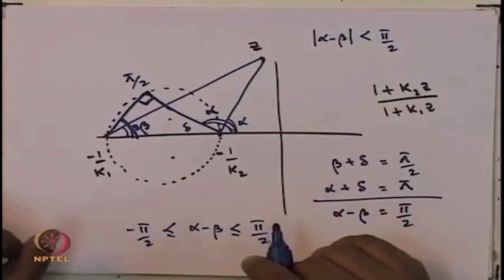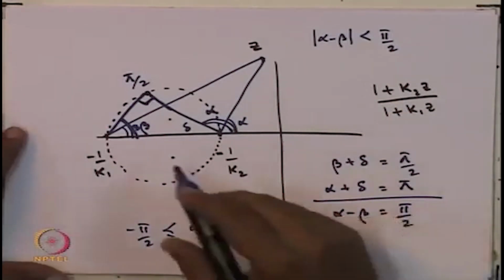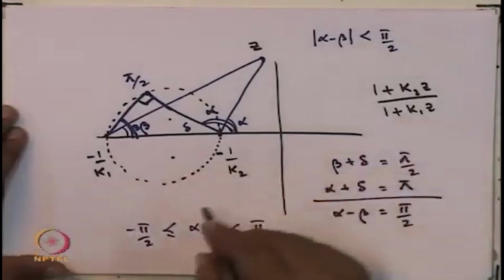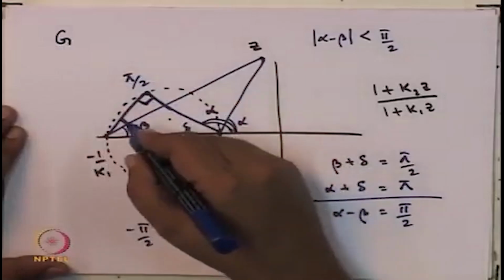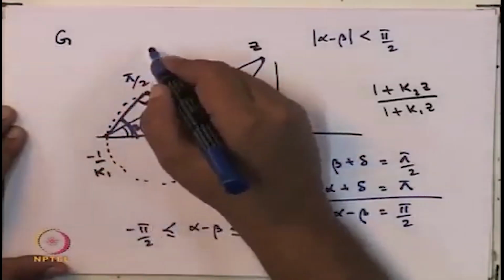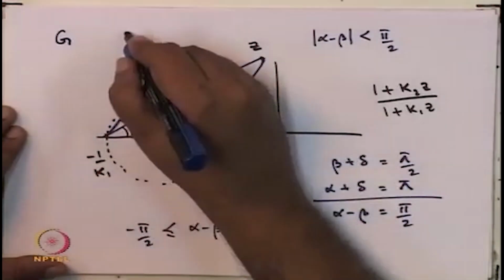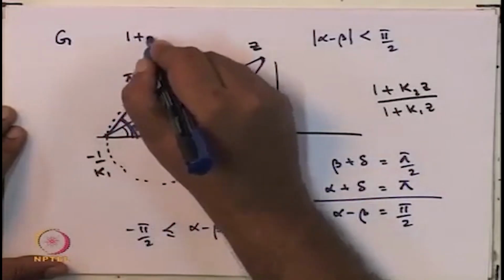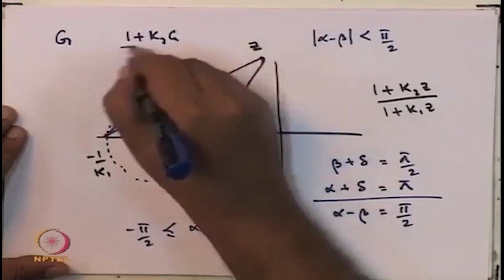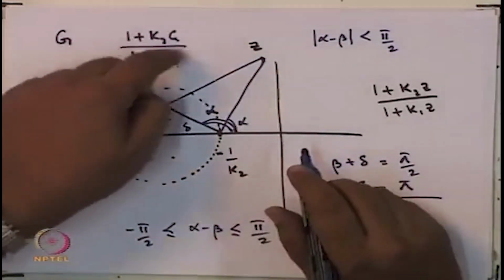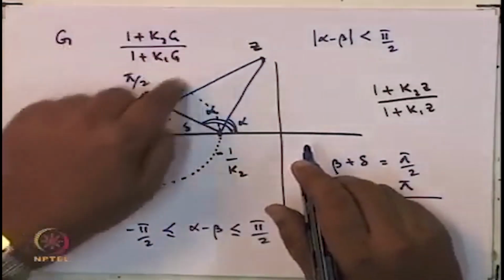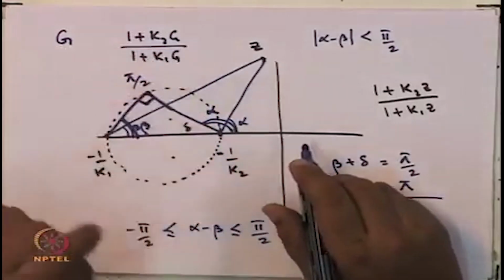So, what it says is that given G, suppose you want to find something out about this transfer function 1 plus k 2 g upon 1 plus k 1 g.